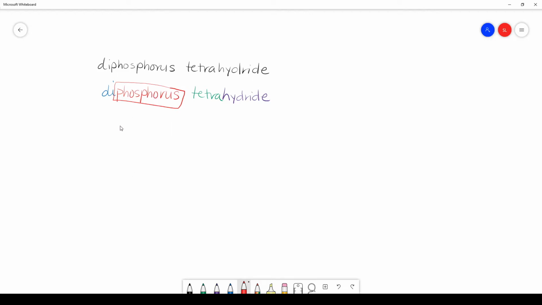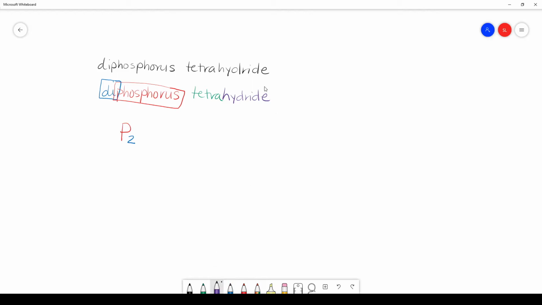So phosphorus simply has the symbol P. Prefix 1 is di, and that leads to a subscript of 2. So for the first part of this chemical formula, we have P2.